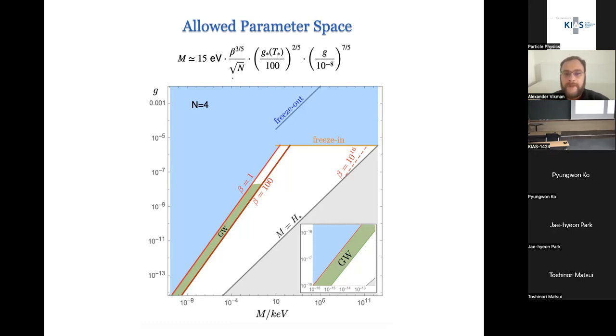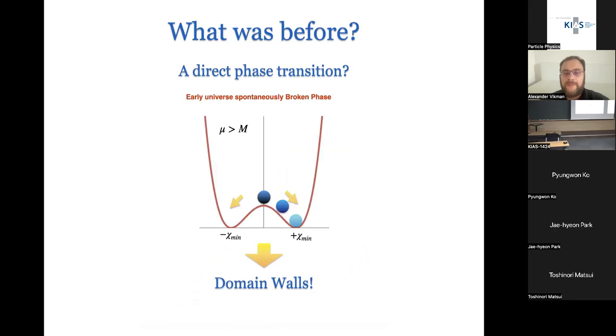Okay, so basically this is the mechanism. This mechanism is predictive if you assume that the field traces this vacuum, okay? So now one can ask, what was there before?